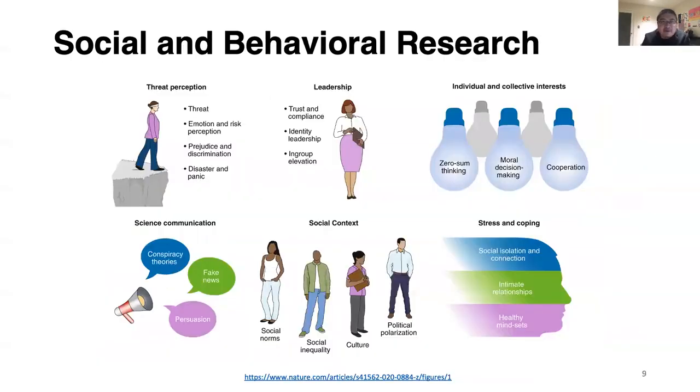And the fourth one is social and behavioral research. A lot of people have been impacted, especially mentally, by the disease, and they tend to express their concerns or want to know more on social media, and also the mobility patterns of all the people have changed a lot.